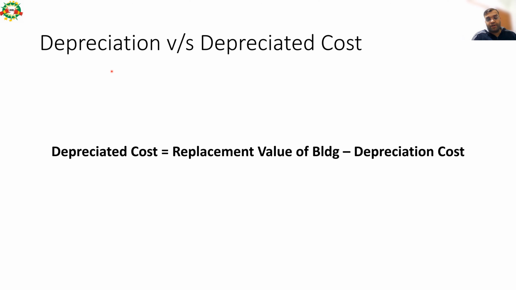These are two different things. Depreciated cost is equal to replacement value of the building minus depreciation cost. So this is a formula. Depreciation cost is how much depreciation has been done, right? And depreciated cost is the value of the property after deducting depreciation from the replacement cost.